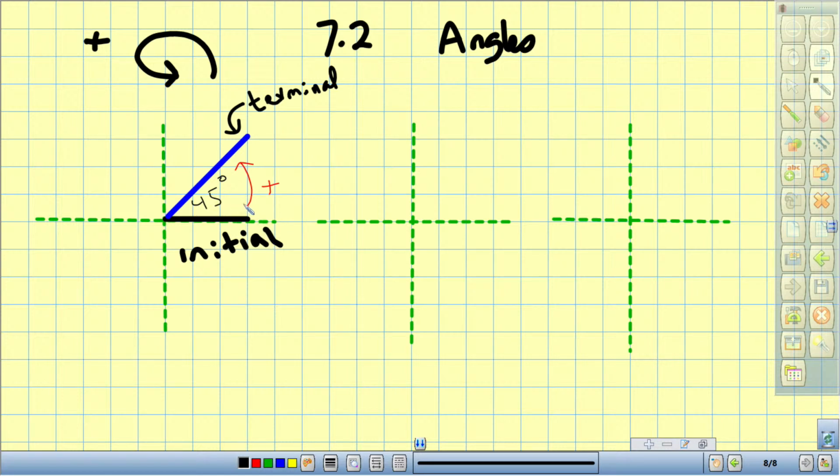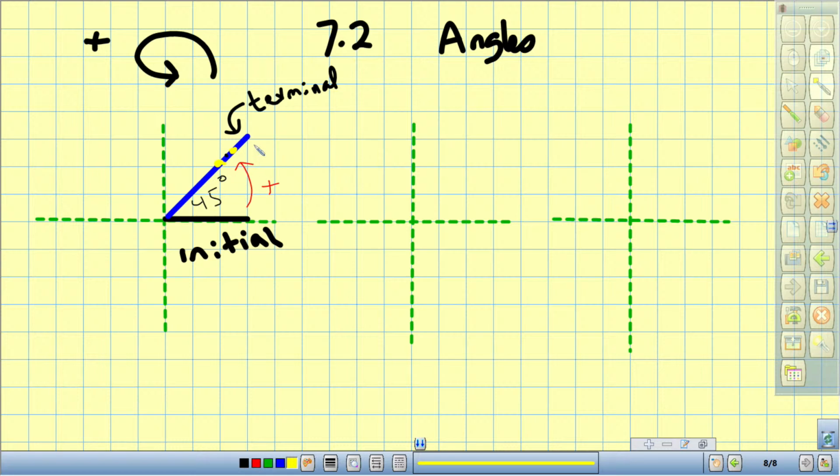Now, if I wanted to keep rotating, I'm going to take this terminal side and put it here. That's going to be 90. Here, 180. Here, 270. Here again, 360. But if I added 360 to 45, I'm going to land on the same spot again. What I'm trying to say is these yellow dots here are going to be filled with coterminal angles.